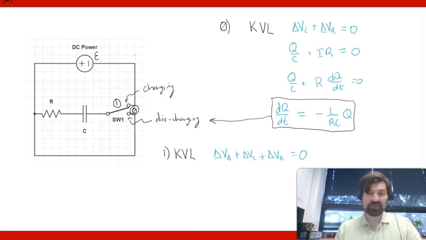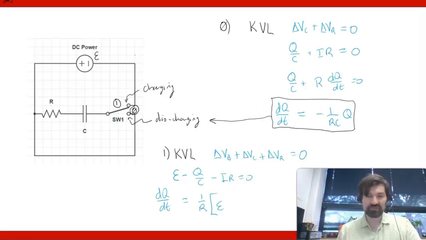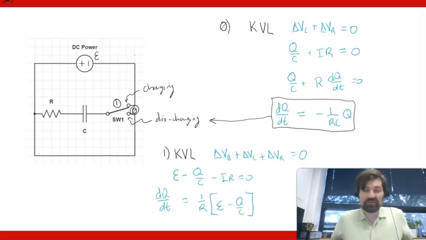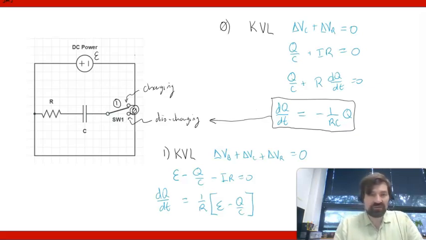Substituting and keeping track of signs, I will have the EMF minus Q over C minus I times R is equal to 0, and thus dq by dt is equal to 1 over R times epsilon minus Q over C. This is a different differential equation.